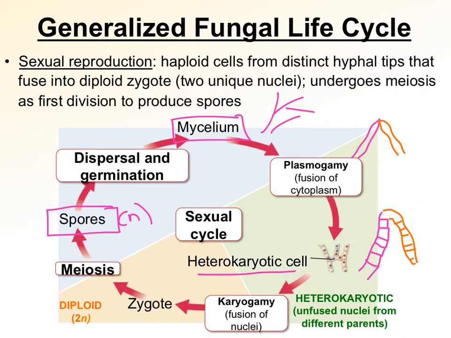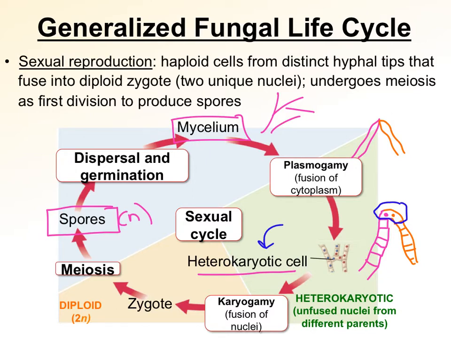And I wasn't drawing the nucleus for all of these, but this one has a nucleus, right? And this one has a nucleus, and these two just fuse together. So this new cell here, which is the result of fusion of the two together, that's called heterokaryotic.